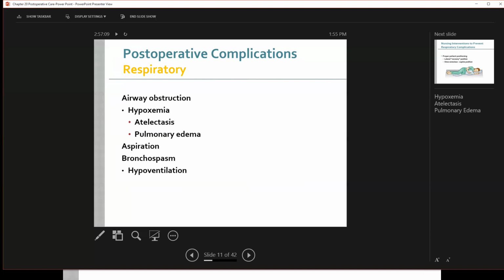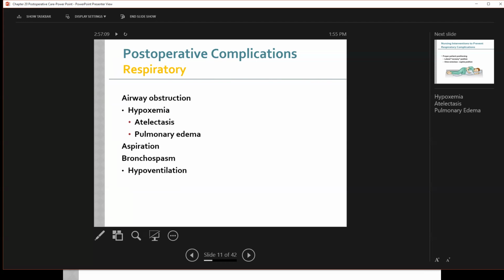Hypoxemia is a partial pressure of arterial oxygen less than 60 millimeters of mercury and is characterized by signs and symptoms including agitation, somnolence, hypertension and hypotension, and tachycardia to bradycardia. Pulse oximetry will be less than 92%.